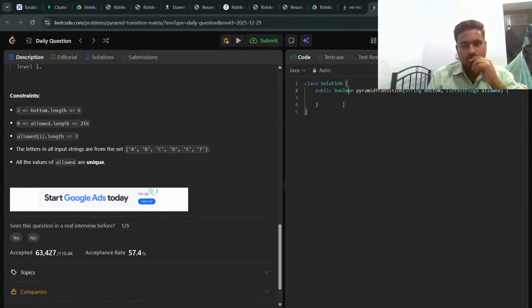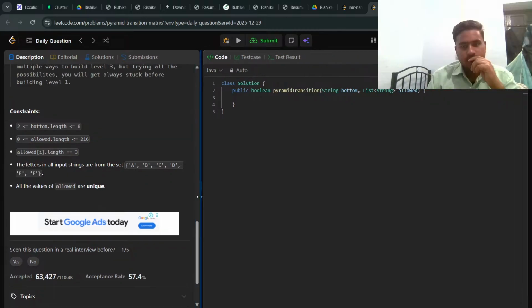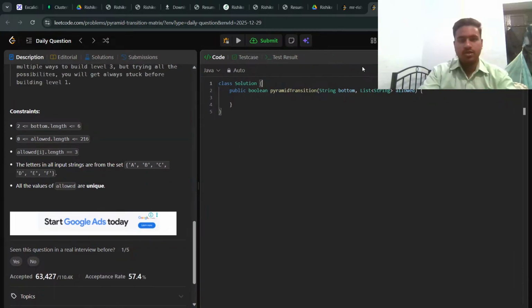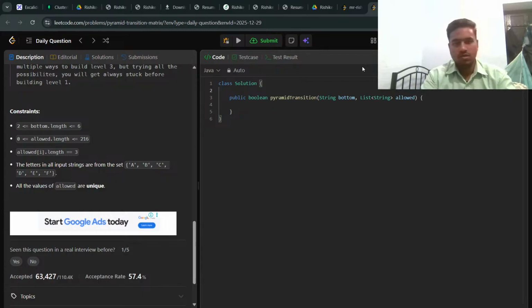Let's do it. So what I said is that we have two strings, a boolean and some string.